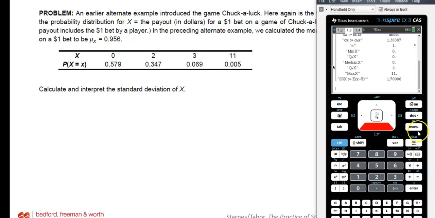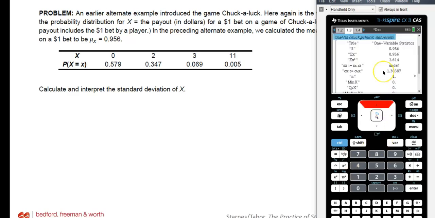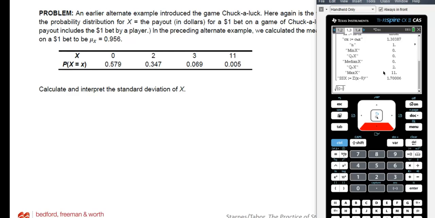You also could have done it just by hand. Okay, I'm going to do the square root, if I can remember this, of x, which is 0, minus the mean, oh, I just forgot, 0.956.